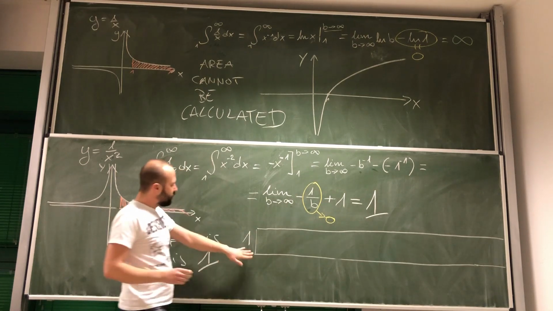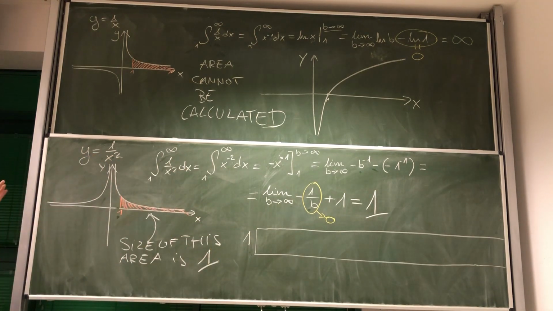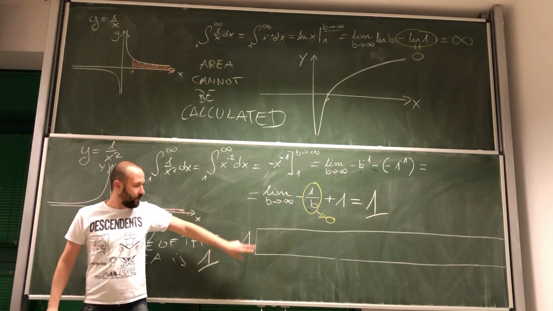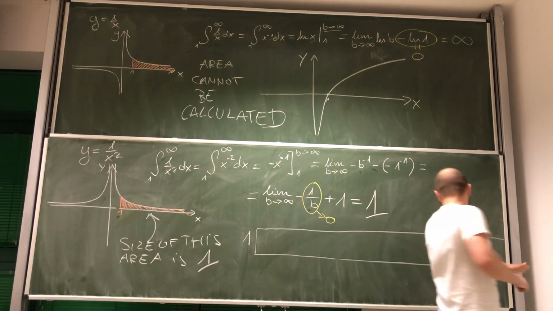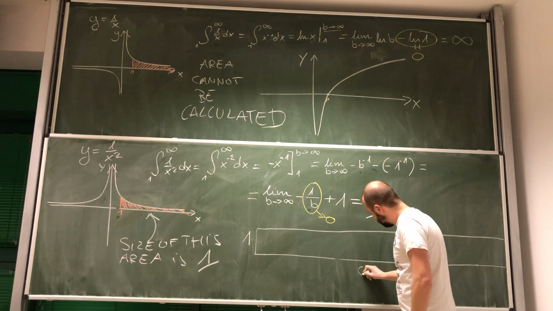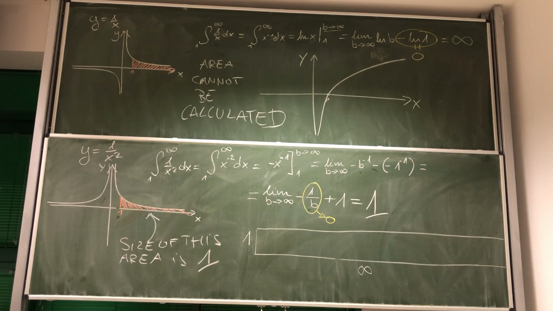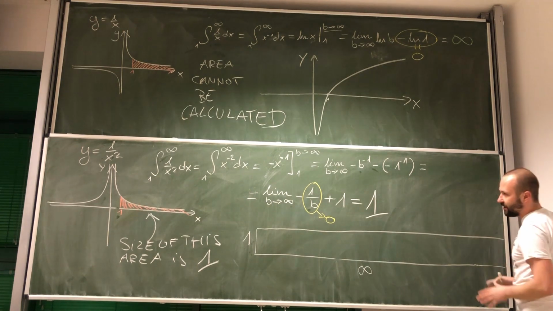So if we would have a hypothetical rectangle with one side equal to 1 and the other side equal to infinity, then 1 times infinity is definitely infinity. So it would be infinitely big.